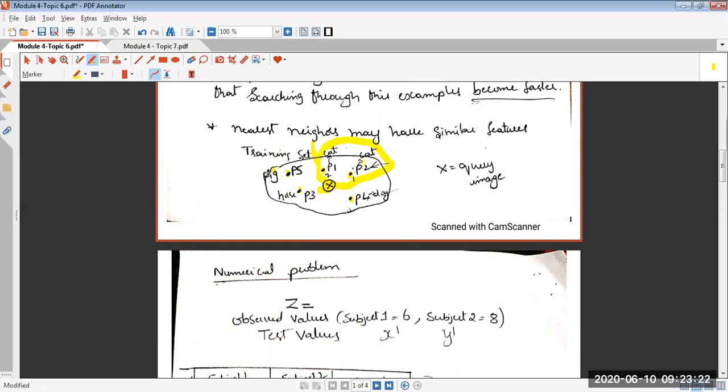We understood points P1 and P2 are pointing to the class cat. So what will this algorithm declare now? It will declare that the query image X that you have given contains a cat image. So this is how the nearest neighbor algorithm works.